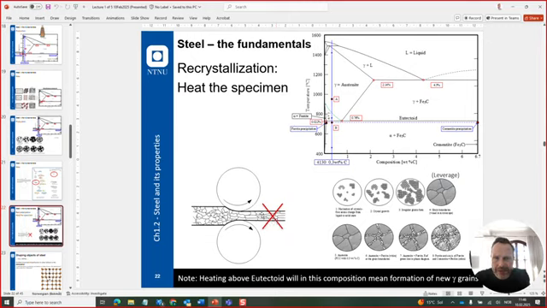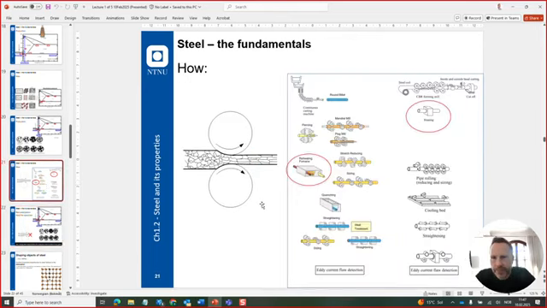And new, beautiful, small grains take place. They grow and they become homogeneous. The specimen goes back to its homogeneous properties. Recrystallization by heat treatments. That's why, as we see on the right side here, on a frequent basis, you reheat it to keep preventing it from going down.